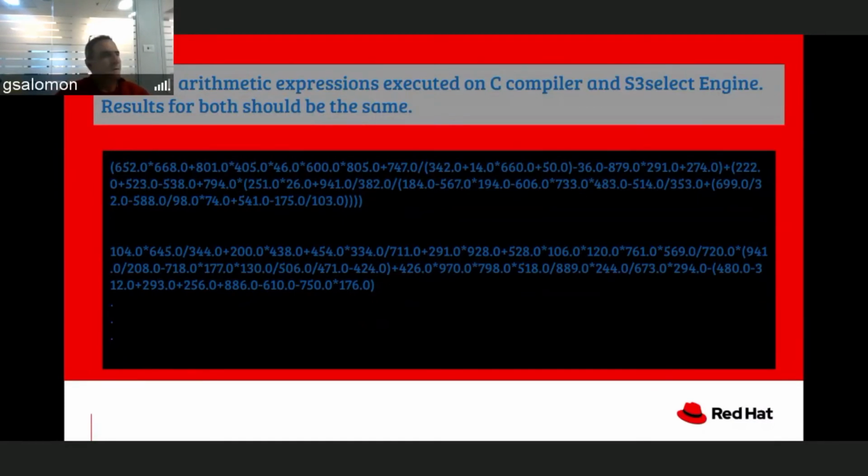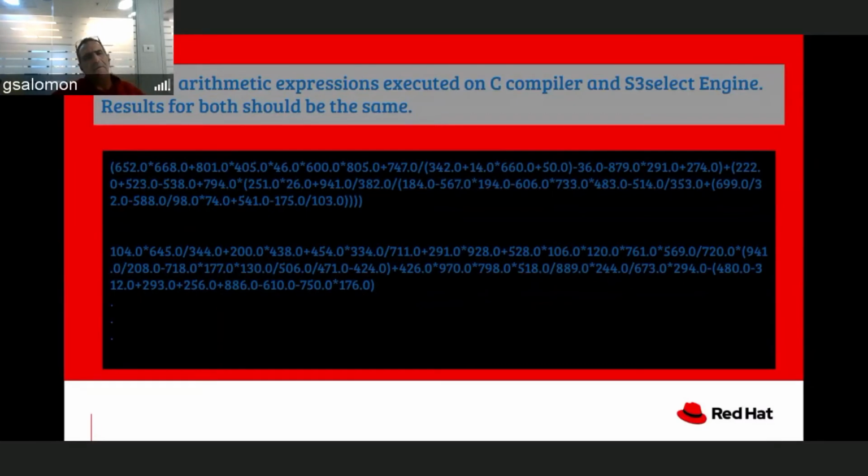As you can see here, it's a very long and complex expression, and each of them is executed by the C compiler and also by the S3select engine, and the results should, of course, be identical.